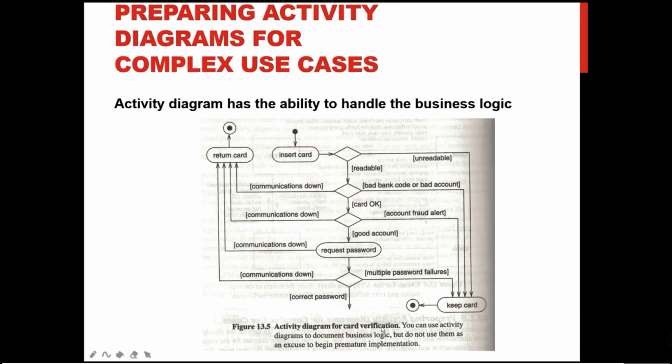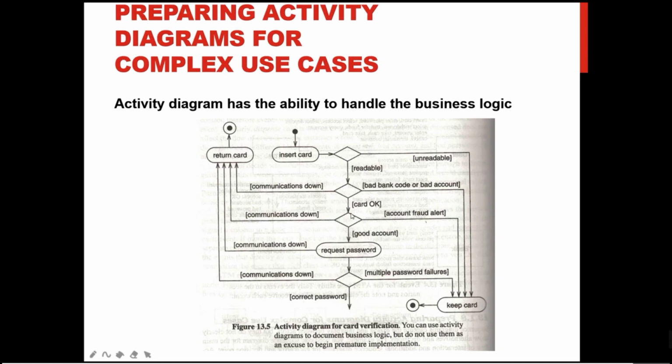For example, for the card verification use case, we have built an activity diagram. The initial step is insert card, and if unreadable, keep card. If readable, then with a bad card code or bad account, keep card. If communication is done, return card.